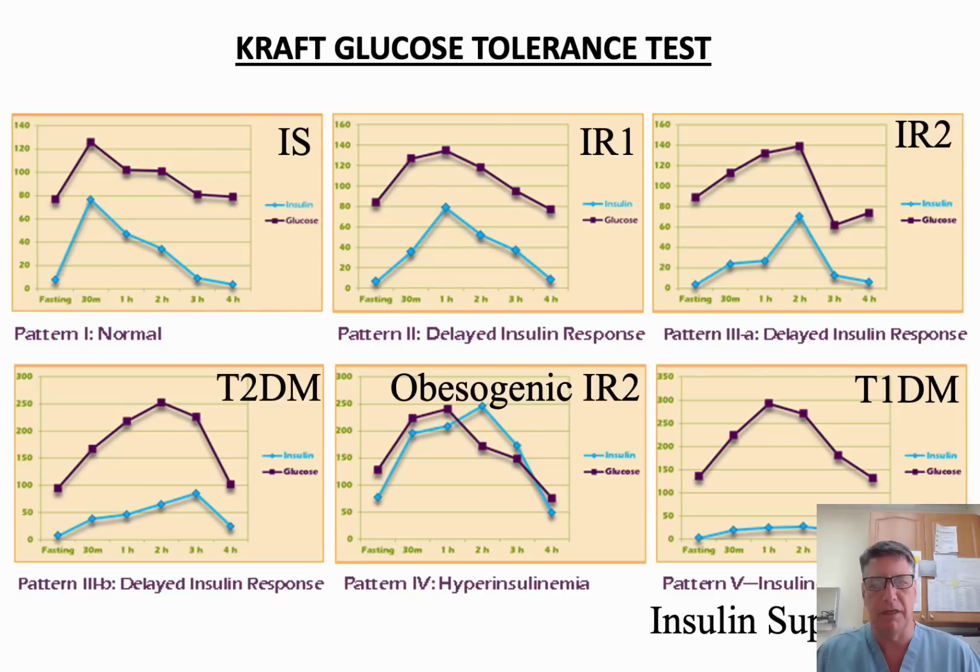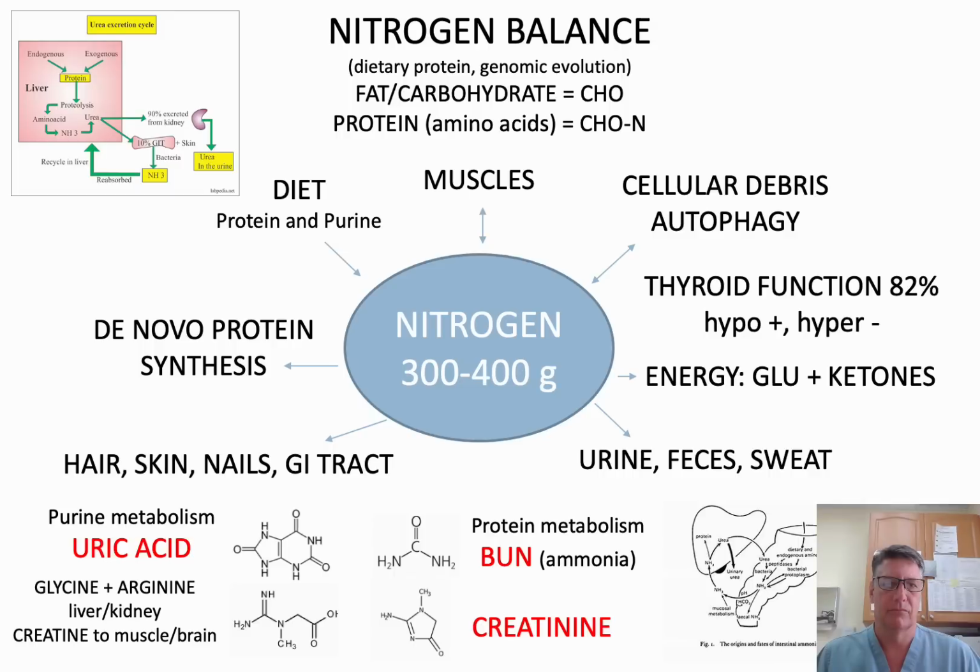But that's a different picture to someone who's a type 2 diabetic. In our Kraft pattern 5s, we see a flat insulin curve, typically below 30 units, despite the high rise and prolonged rise of sugar. And that is pathognomonic of type 1 diabetes, but it also occurs in our insulin suppressed patients. Identical picture. So now let's talk about protein, nitrogen.